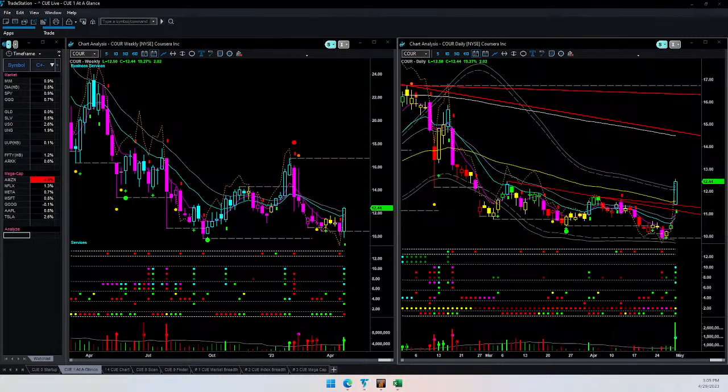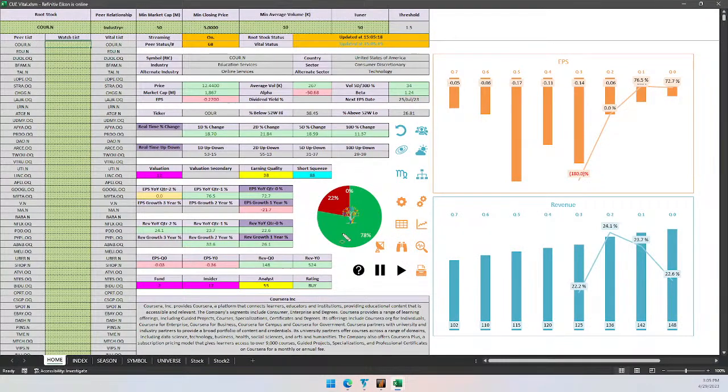Let's go back to the fundamental scorecard. 78% of peer stocks went up on Friday, and it has a short squeeze potential similar to Lyft, but Lyft did not confirm the breakout setup. This stock COUR did. High earnings growth. So there are enough reasons to buy in terms of fundamentals.